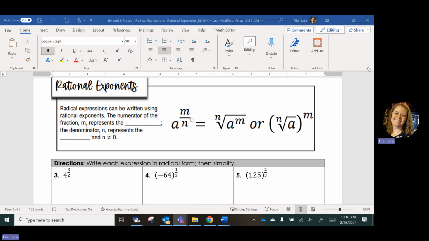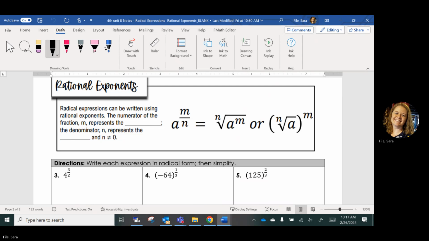In this case, the m, the numerator, represents the power in the radical expression, and the n, the denominator, represents the root, or technically the index of the root when you write it as a radical expression.